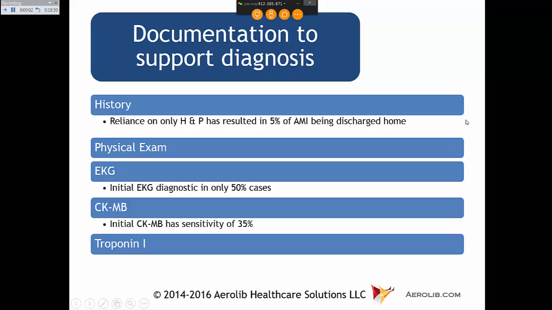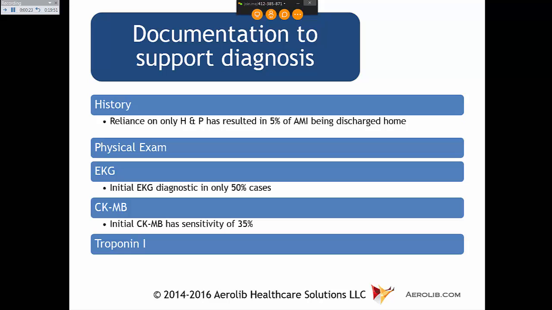So what is the documentation to support a diagnosis? So reliance on an H&P only has resulted in 5% of MIs being discharged home. Now, being a provider, a hospitalist for many years myself, chest pain is also the number 1 diagnosis for malpractice claims.